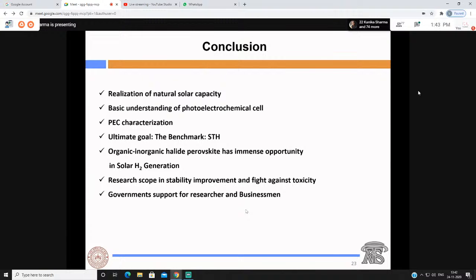He can think of the development of the material, the development of the device itself, or the modification of the electrolyte for the device. There are different parts that have not yet been covered in the research.